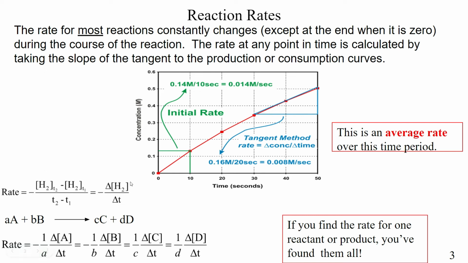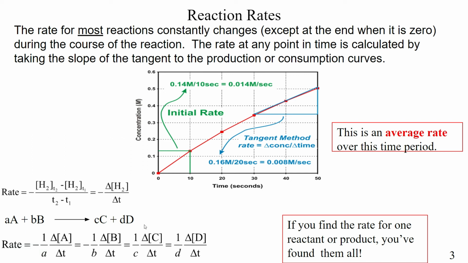So, for instance, if I was looking for the concentration of hydrogen, notice there's a negative sign. There's a negative sign for these rates in our equation. We're going to do final minus initial, bam, then final time minus initial time, bam. And that's going to give me my rate over here. So that's where we see this delta, that change.